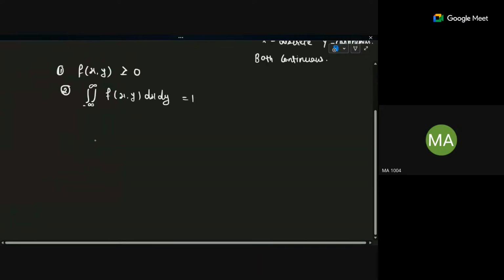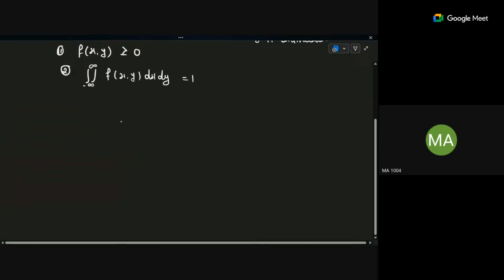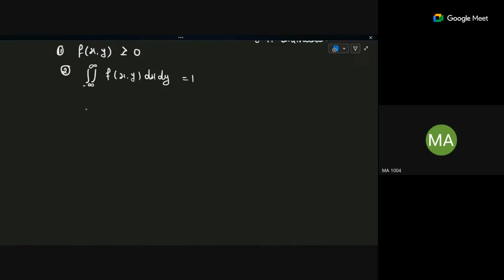So let's say there are two random variables x and y, and their density function is given like this: f of x comma y is equal to 1 when x is between 0 and 1 and y is also between 0 and 1, and 0 otherwise.